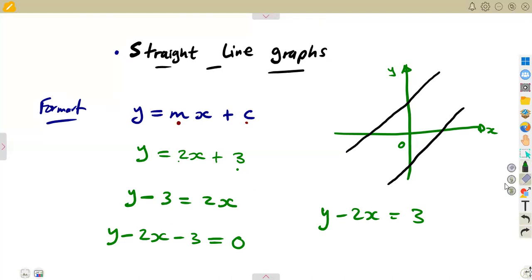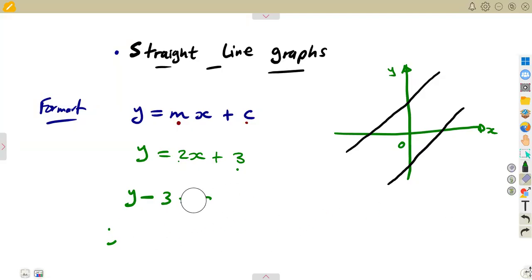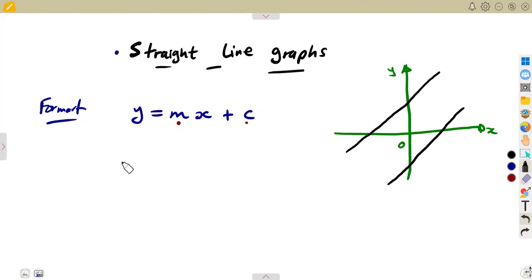So the question is, how are we going to draw this line? We have got properties there later on, to determine this gradient, even to determine the equation. We'll talk about that later on.